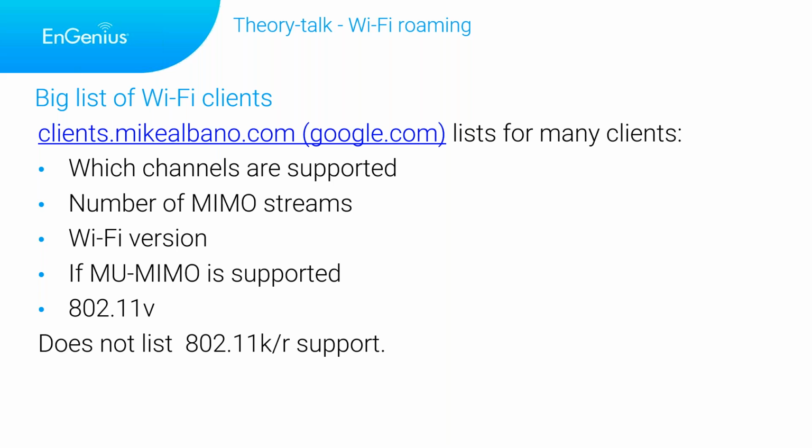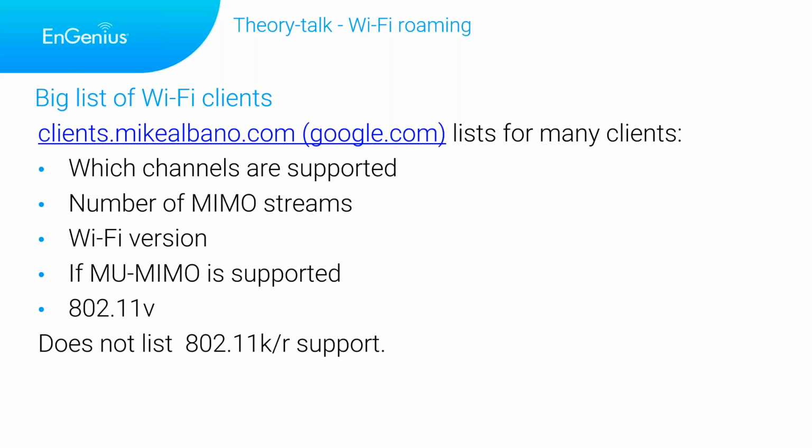What I found during preparing this was this site. It lists a lot of different phones and other clients, and tells which channels it supports, number of MIMO streams, the Wi-Fi version it supports, including something like multi-user MIMO, so AC Wave 2, and if it supports 802.11v.